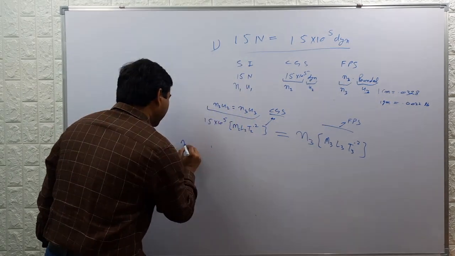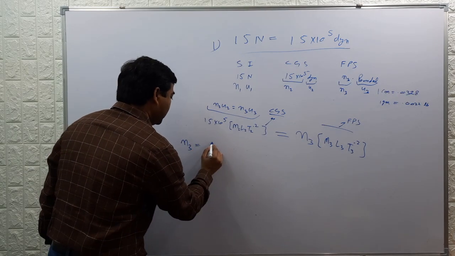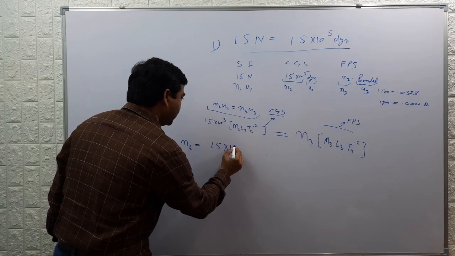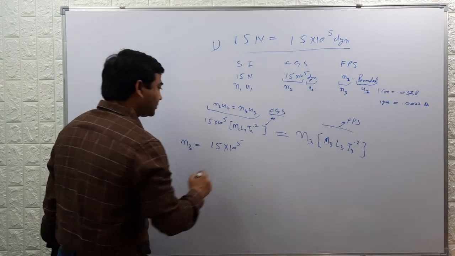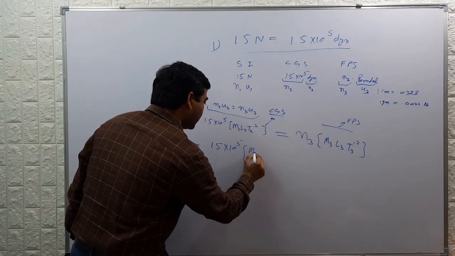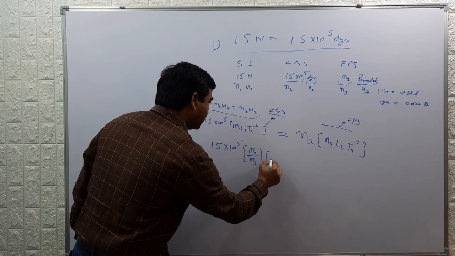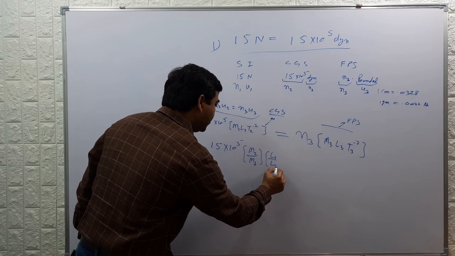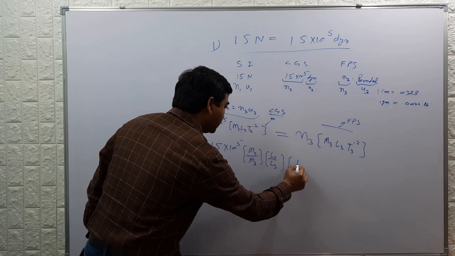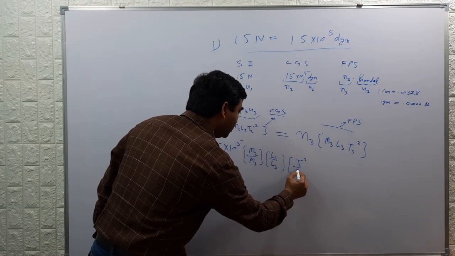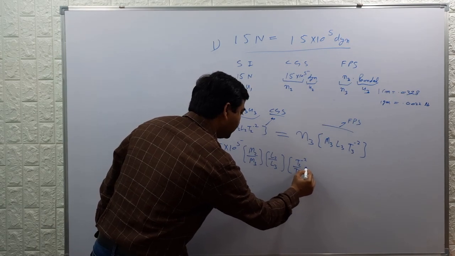So we can say N3 is equal to 15 into 10 to power 5 into M2 by M3 into L2 by L3 into T2 by T3 to power minus 2.